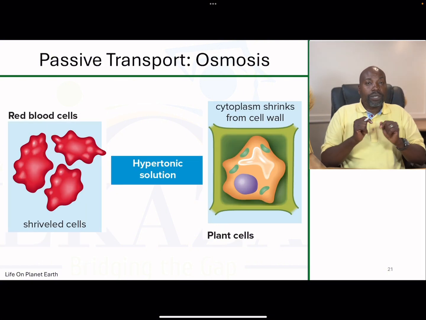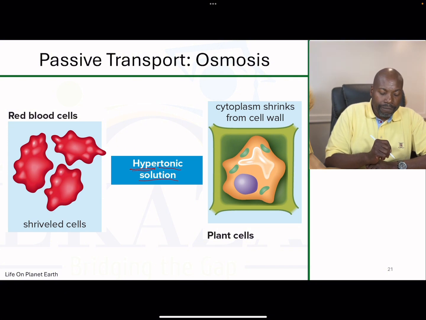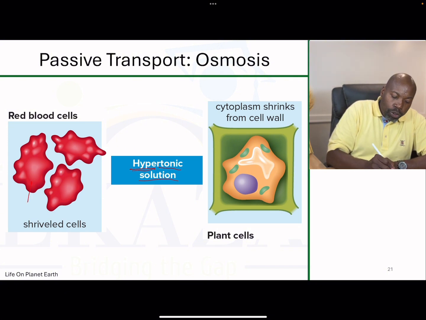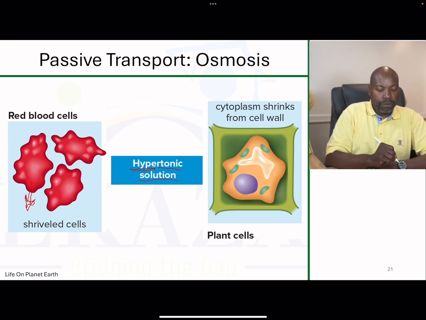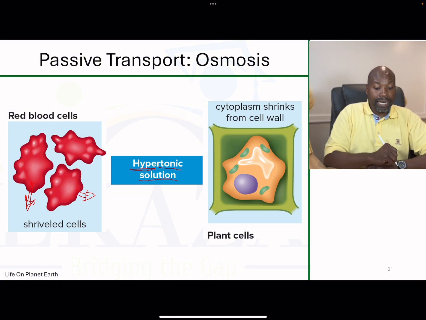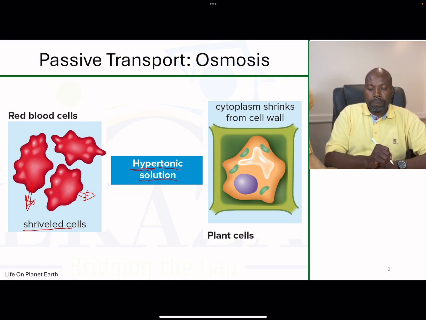Well, here is the result. In a more concentrated solution, a hypertonic environment, the water is going to leave the cell to go outside of the cell so that the cells are going to shrink in size. They're going to shrivel, right?